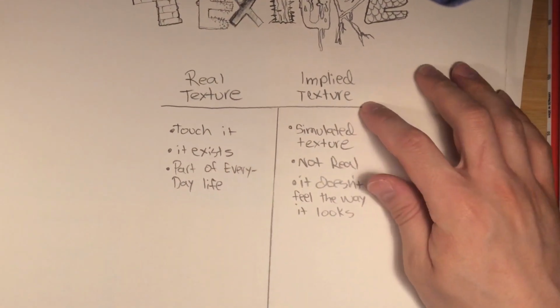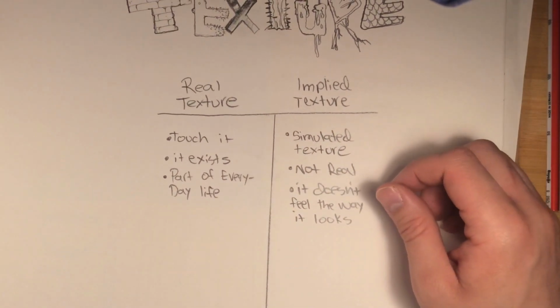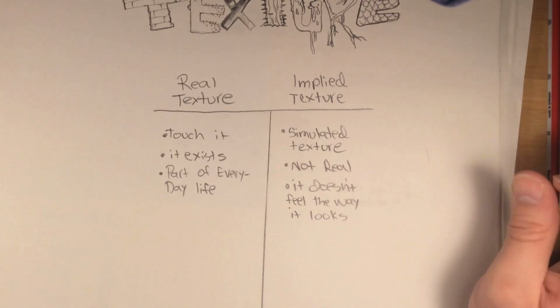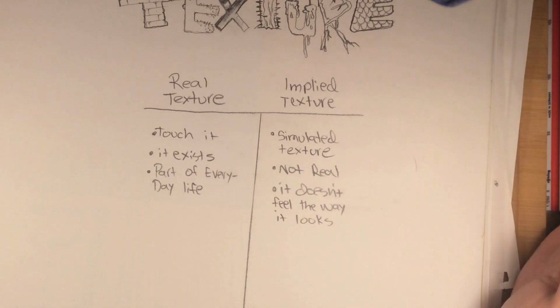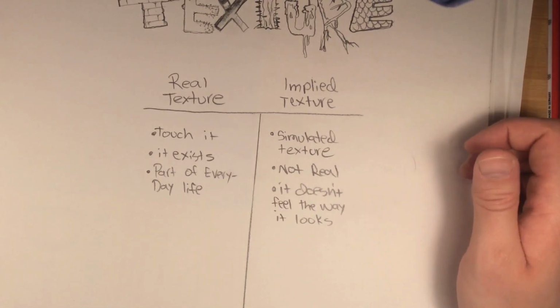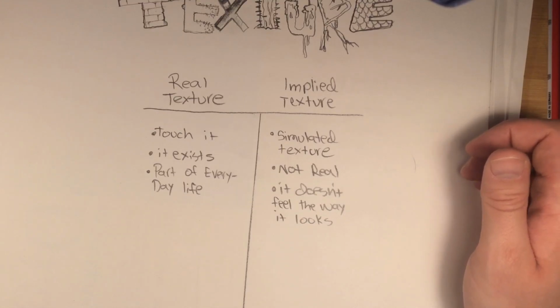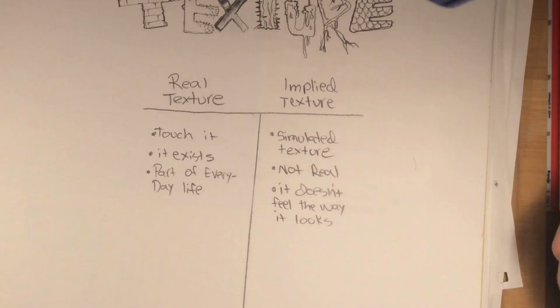On an implied texture, whatever kind of texture you're making, whether it's wrinkly or scratchy or lumpy, it's going to look that way. But if someone touches your paper, it's not going to feel that way. So you're creating an illusion, you're creating something that's not there, and that's a lot harder to do.